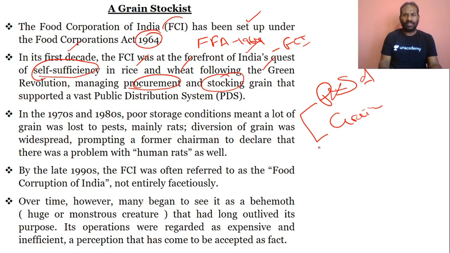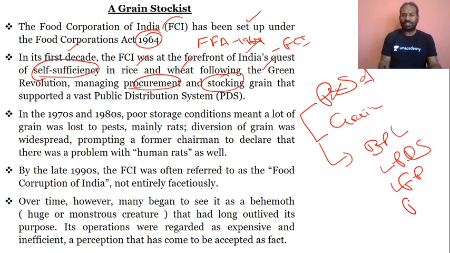Procurement and stocking of grains has been done effectively, and the grain has been distributed to below-poverty-line people through the PDS system, by the fair price shops, that is, ration shops. So right from the first decade, 1964 to 1974, the FCI took forward the importance of self-sufficiency by procuring and storing the grains and distributing them through the public distribution system.